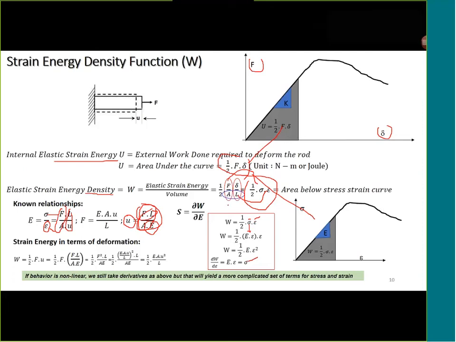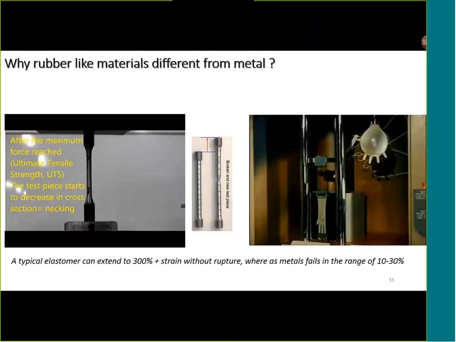If we are dealing with highly nonlinear materials like elastomers or rubber, the approach is going to be the same, but the mathematics will become slightly complicated. But the foundation is this: whether it's a simple elastic material, a 1D structure subjected to axial load, or a very complicated rubber boot which has a very complex stress strain curve, and we need to carry out a very complex analysis.